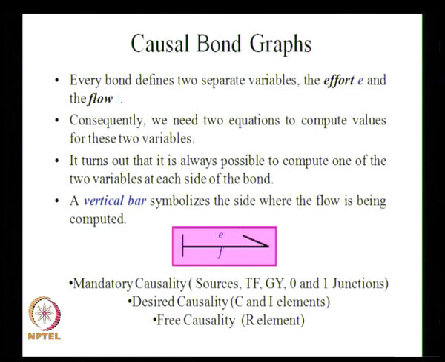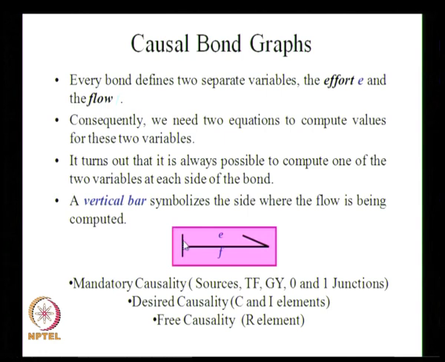So every bond defines two separate variables, the effort and flow, and consequently we need two equations to compute values for these two variables. So we need to have two equations for effort and flow. It turns out that it is always possible to compute one of the two variables at each side of the bond, and a vertical bar symbolizes the side where the flow is being computed.